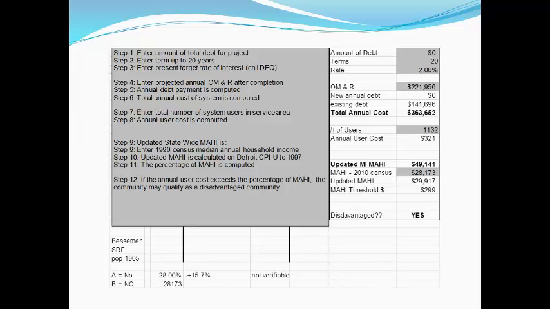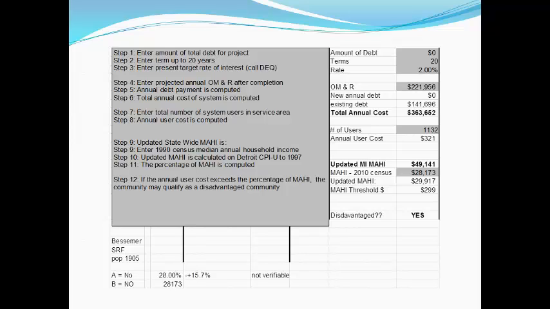We divide that total annual cost by the total number of residential equivalent units in the system, which is 1,132, and we come up with an annual user cost for a residential customer of $321. This $321 does exceed the $299, so they are determined to be disadvantaged.